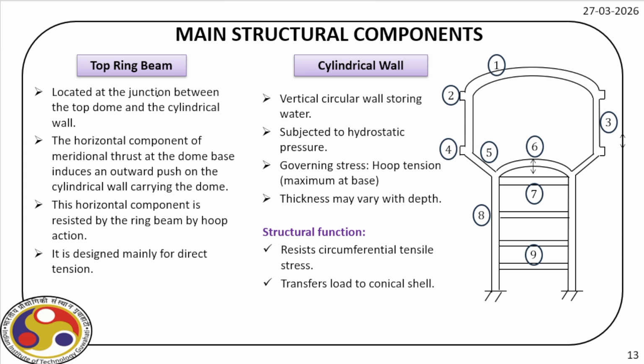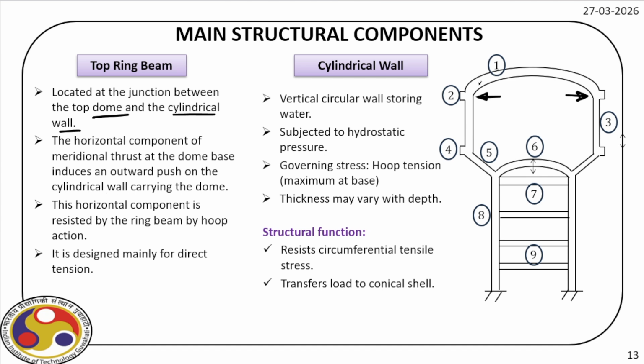Now let us come to the top ring beam, which is here. So it is located at the junction between the top dome and the cylindrical wall. The horizontal component of meridional thrust at the dome base induces an outward push on the cylindrical wall carrying the dome.